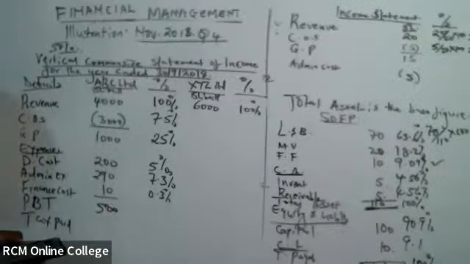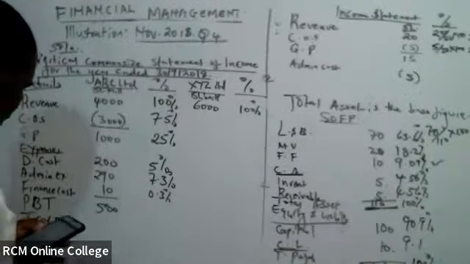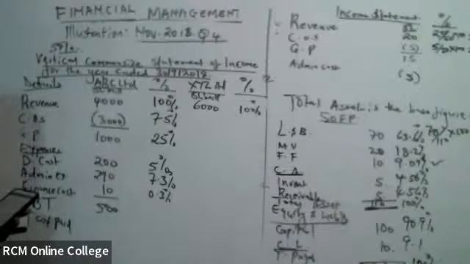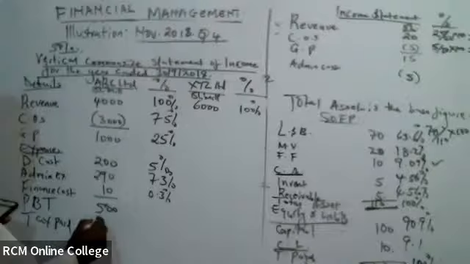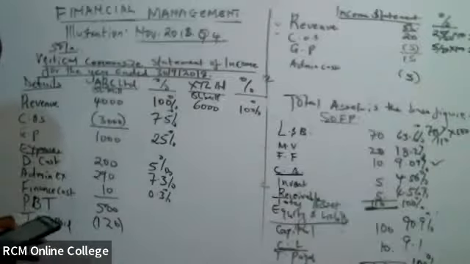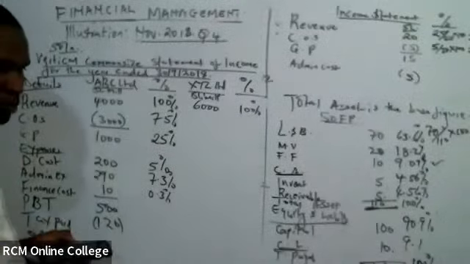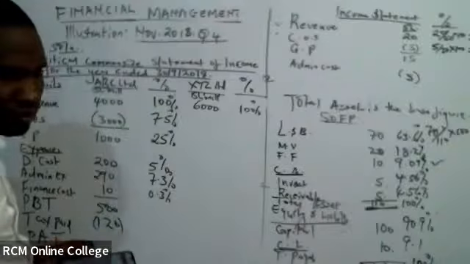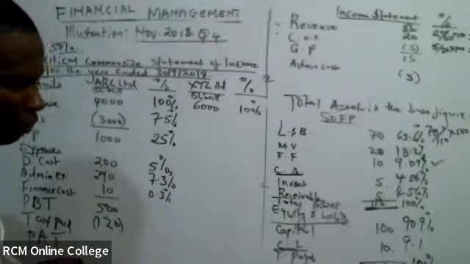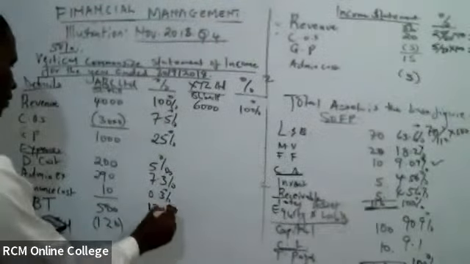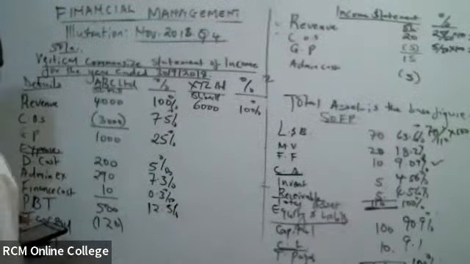So what is the percentage of our profit before tax? 500 divided by 4,000 times 100 is 12.5%. And then we move to the tax.